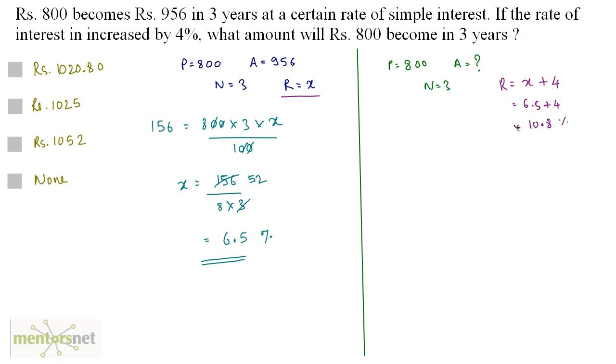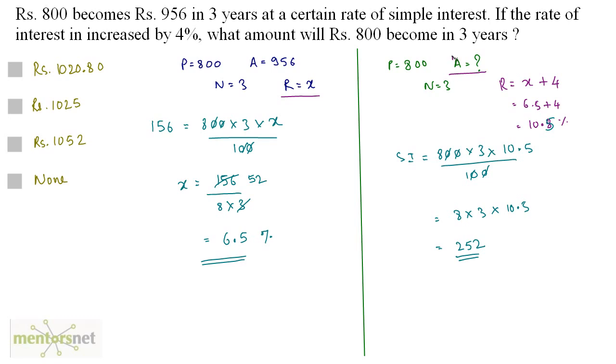Let us calculate the simple interest now. The simple interest is basically equal to PNR upon 100. That's 800 times 3 times 10.5 upon 100. These zeros get cancelled out, and we have 8 times 3 times 10.5, and that is equal to, when solved, 252 as the interest.